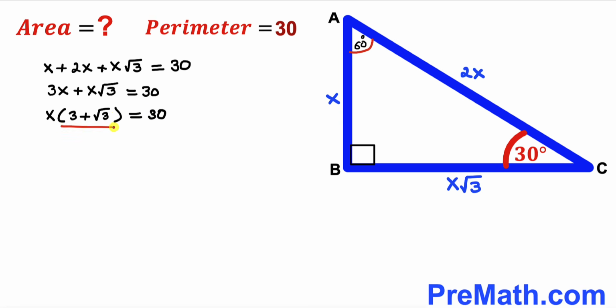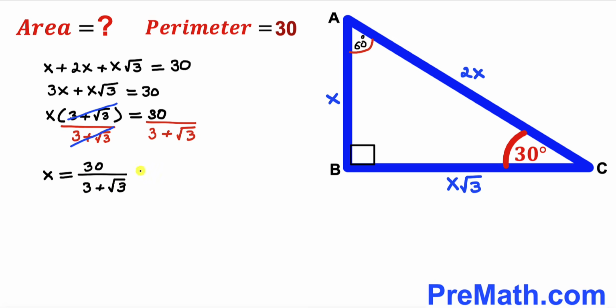Now I'm going to divide both sides by 3 plus the square root of 3 to isolate x. Here the 3 plus square root of 3 factors cancel, so our x value is going to be equal to 30 divided by 3 plus the square root of 3.